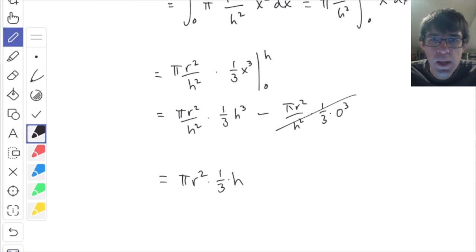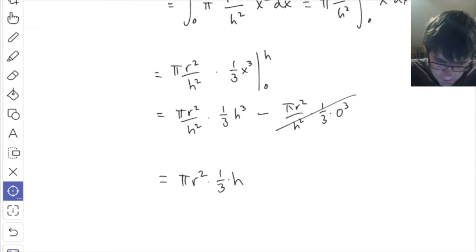This formula has always been a little unsatisfying to me because of the 1/3. It seems strange to me, and the 1/3 there makes me feel like I should somehow be able to put together 3 cones, like geometrically, stack them up, 3 of them, and make them look like something else, maybe a cylinder, because if I took 3 of them, then I get pi r squared h, which is the volume of a cylinder.